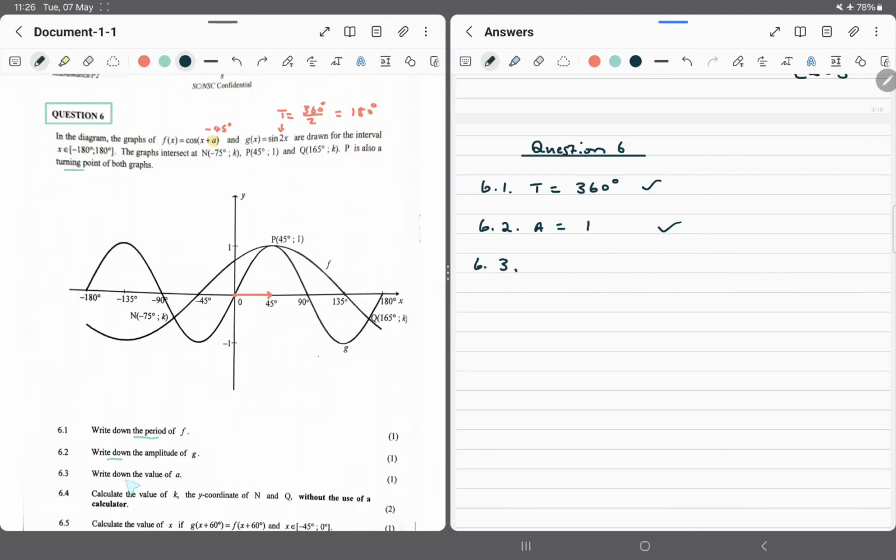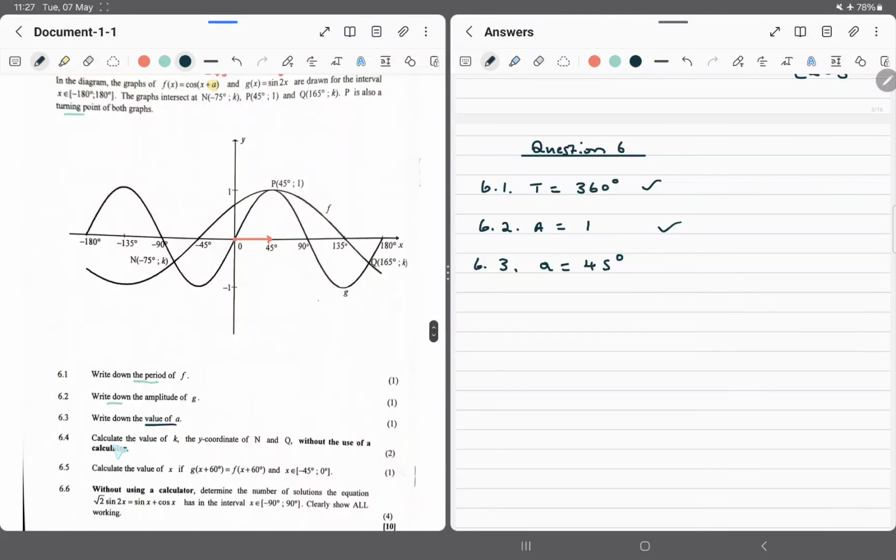6.3. Write down the value of a. Again, it says write down. We realized it. So we know that a is minus 45 degrees. And then we need to calculate the value of k, the y coordinate of N and Q, without the use of a calculator.